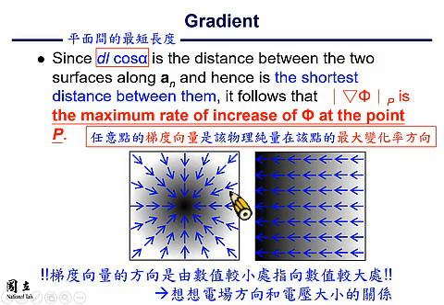So dl cosine alpha, which is the projection of dl on the normal direction of the surface, is in fact the shortest distance between the two planar surfaces. So you can interpret it as: del phi at P is the maximum rate of increase of phi at point P.